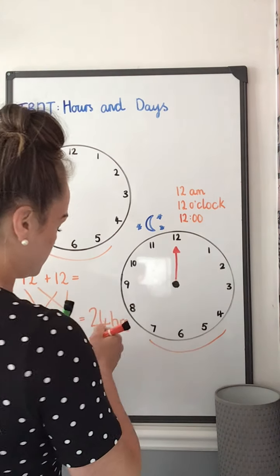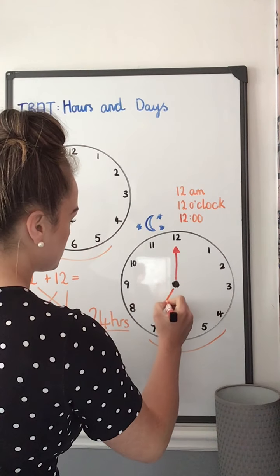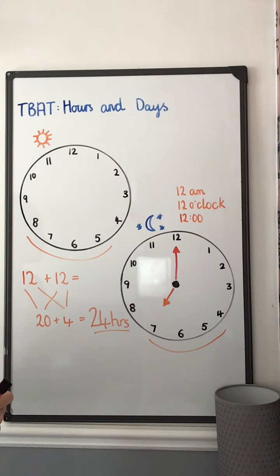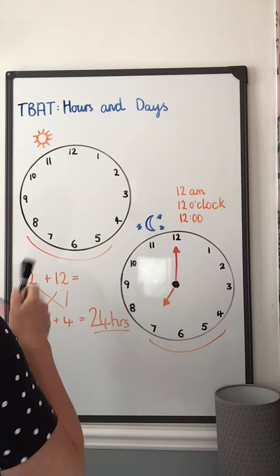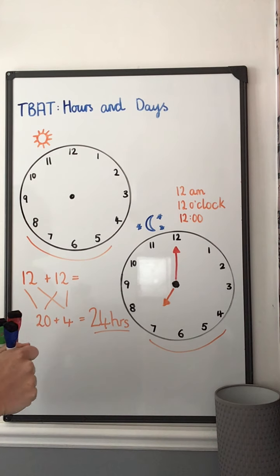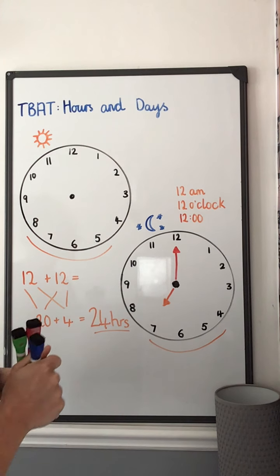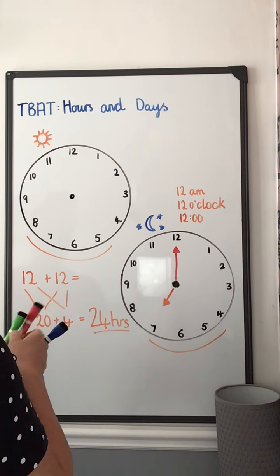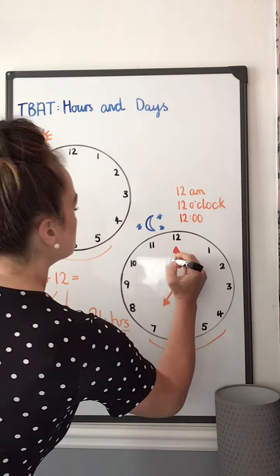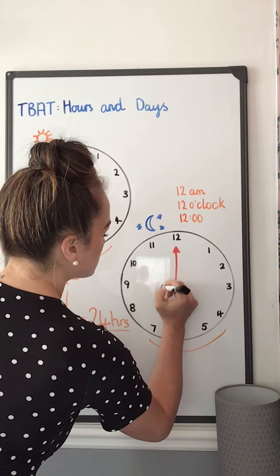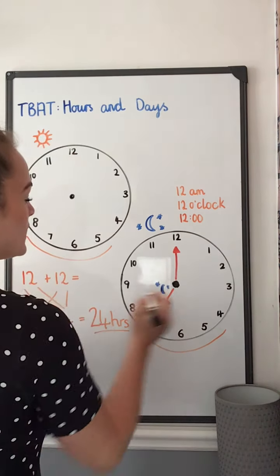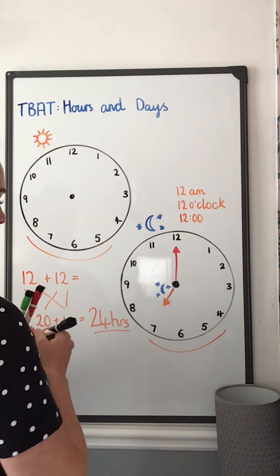So a minute hand and our hour hand. So that's your night time. You wake up at 6 o'clock. How many hours have you been asleep for? Let's see. So you go to bed at 7 o'clock. There's our moon. And you wake up at 6 o'clock.